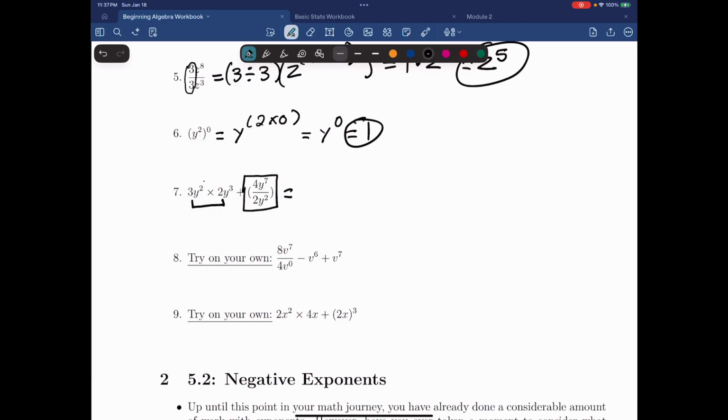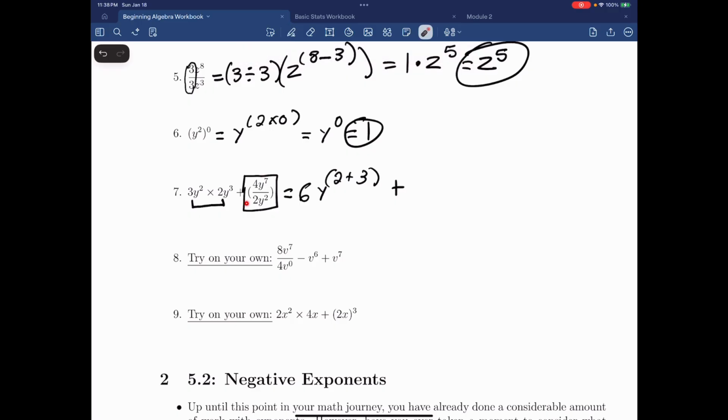So we have 3 times 2, which is 6. And then y squared times y cubed, well, that becomes y raised to 2 plus 3, because we're dealing with the product rule, because we're multiplying. And then I'm going to add this expression here, which we're going to do 4 divided by 2, which is 2.